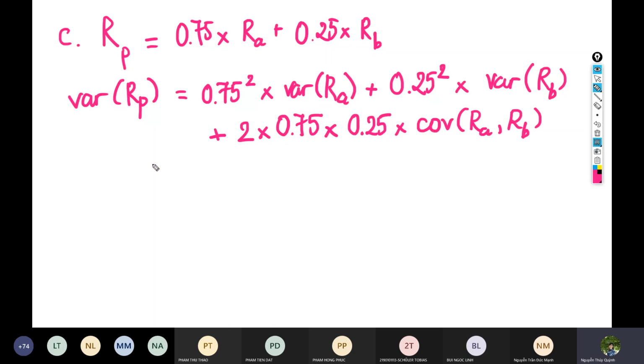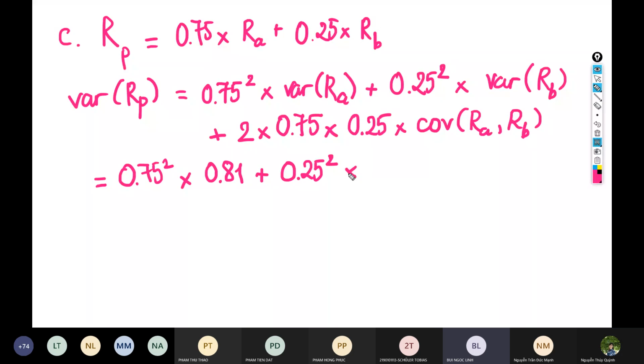And now look at the covariance matrix and replace the numbers here. We have 0.75 squared multiplied by 0.9 squared, so 0.18 as shown in the matrix. Plus 0.25 squared multiplied by 0.0144.